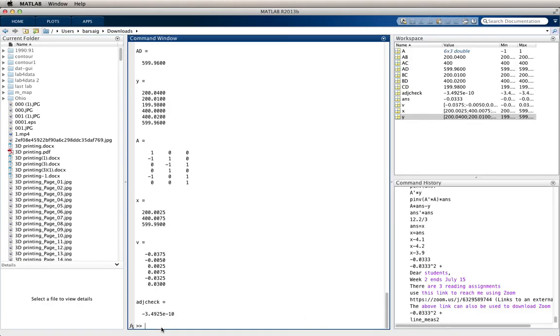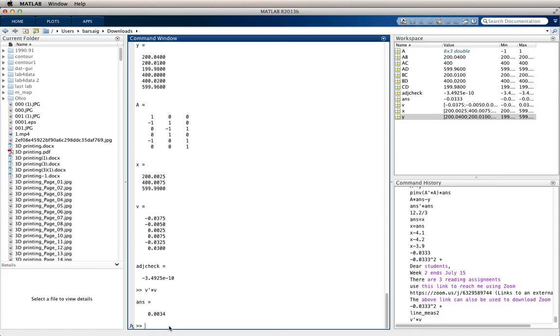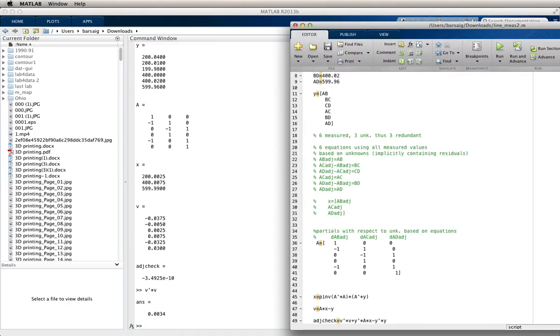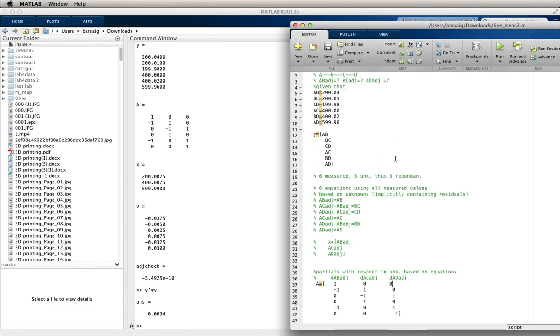Our adjustment check is a small value, and let's take a look at the sums of the squares of the residuals, which is V transpose times V, and that's also a very small number. So it looks like we figured out the correct adjusted values.